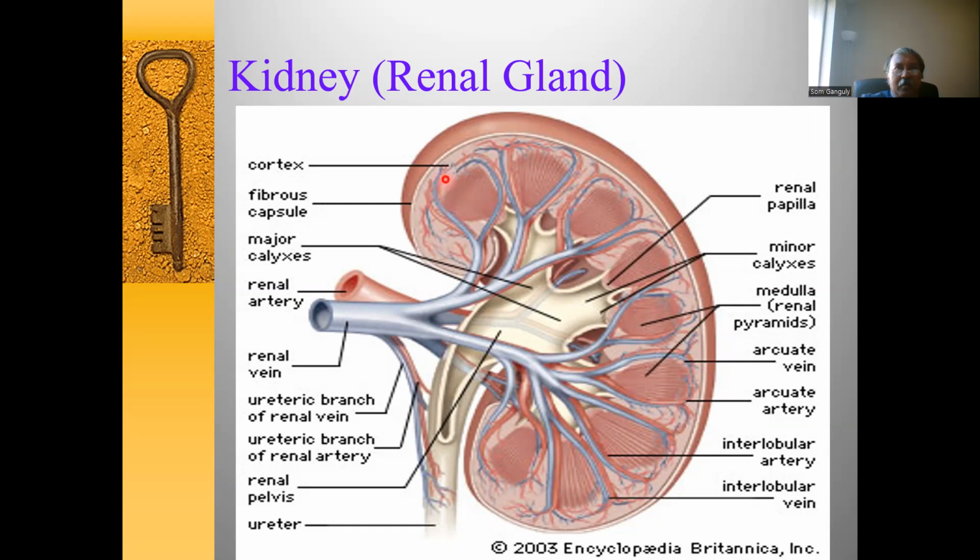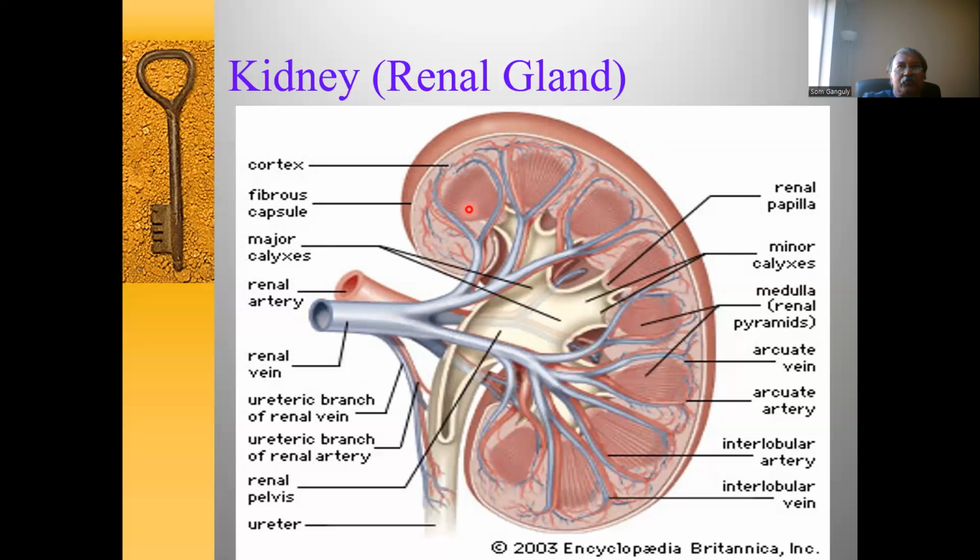The magnified view gives you this nice view of the kidney's functional units, which are called nephrons. If we evaluate this structure, we go from outside to inside. We come from the outside of the kidney, which is Gerota's capsule. After Gerota's capsule, we come to the cortex area. This is the outer surface called renal cortex.